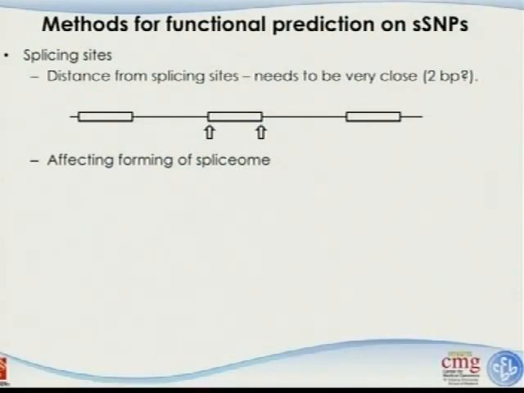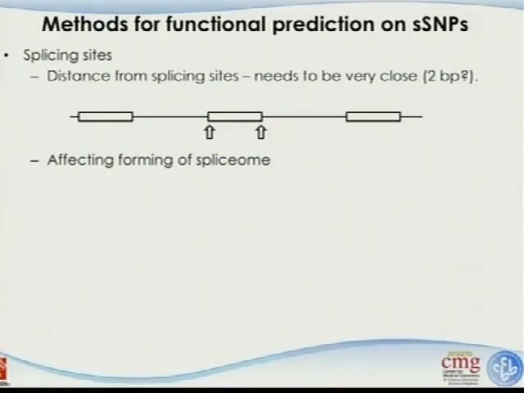The first one is the splice sites. This is actually included in most of the prediction algorithms. So this is the splice site. Don't confuse it with those SR protein binding sites. We'll go through that later. But this is a site that is very close to the junction, the exon-intron boundaries.